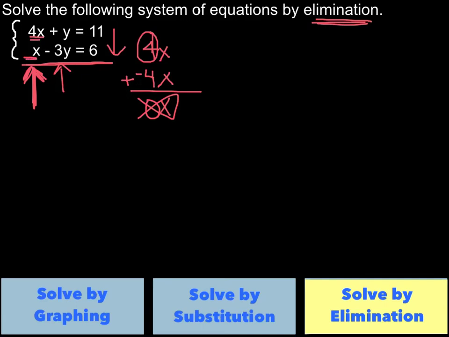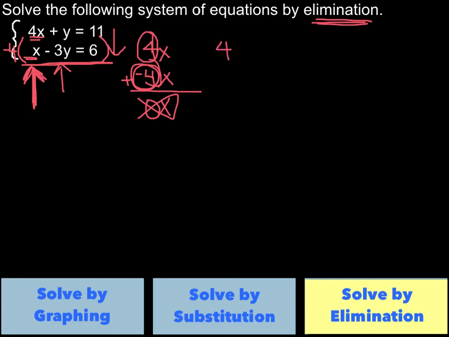Now all I need is to multiply the second one by negative 4 to achieve that negative 4 right here that I was talking about. So now you can't just multiply one term. If you multiply one term in an equation, you have to multiply everywhere. That's why I wrote the 4 in front of the whole thing. So I want to multiply negative 4 everywhere.